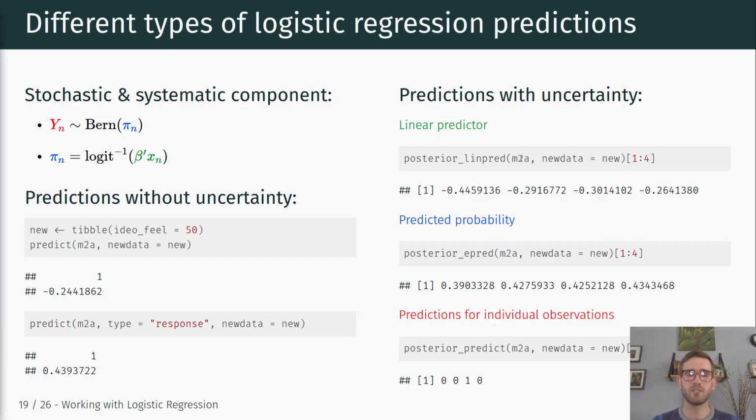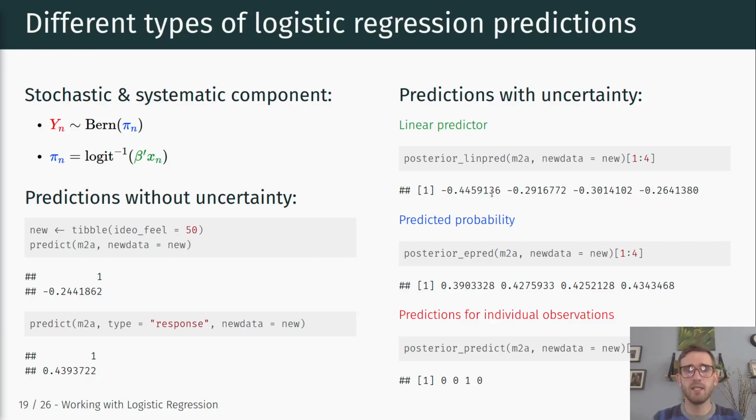But now, rather than just having one linear predictor for our point estimates, we now have a vector of linear predictors for different draws from the posterior distribution of our actual coefficients. Remember, when we use the default settings, we have 4,000 draws from our posterior distribution when we run stan_glm.